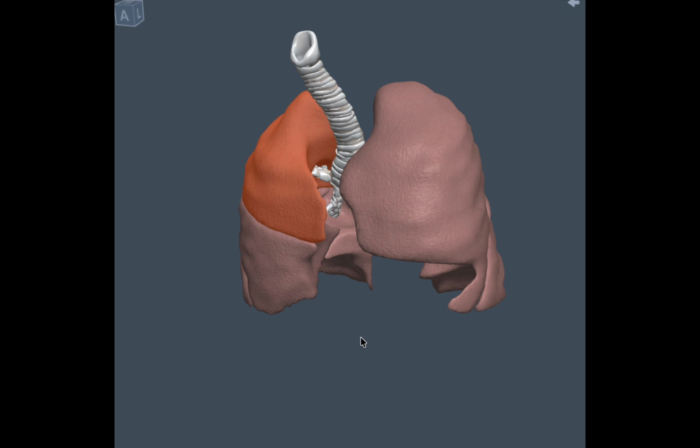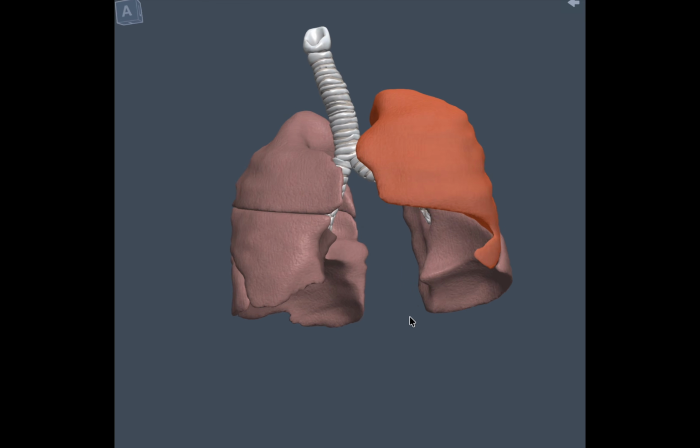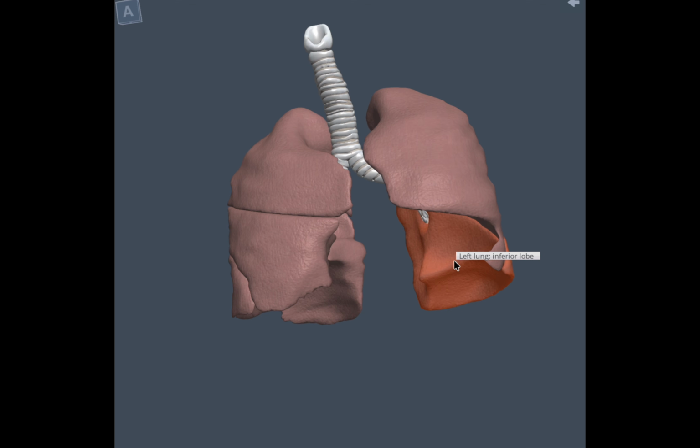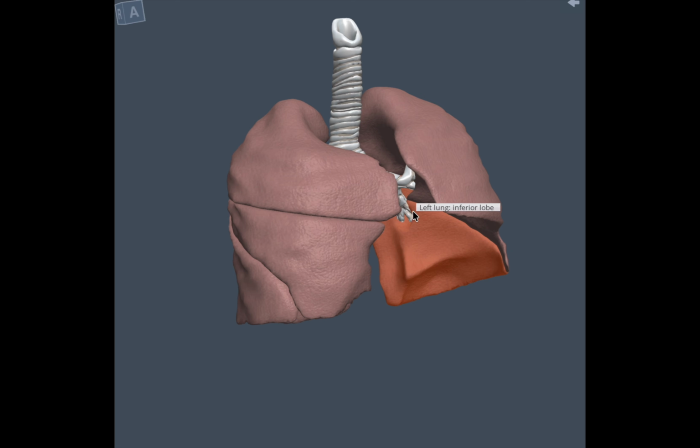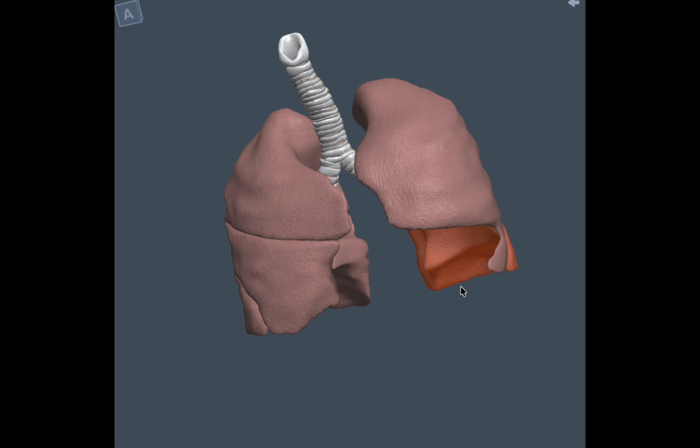On your left side, since you've only got 2 lobes, a superior lobe and an inferior lobe, you've only got a single oblique fissure that separates them. The left lung is smaller because the heart takes up a lot of real estate on that side, which is why you're gonna see a few interesting features, like the cardiac notch over here. You've also got an indentation where the heart sits.